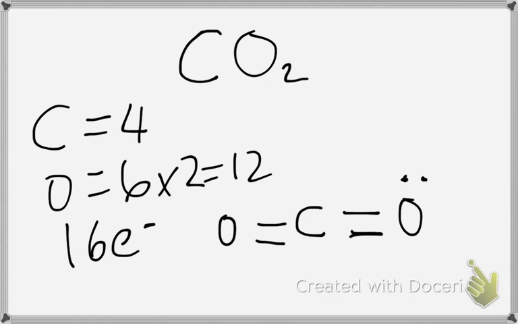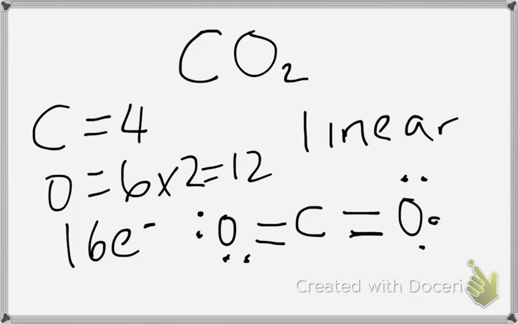So that's 10 12, 2 4 6 8 10 12 14 16. Alright, so in this case, carbon dioxide does not have a lone pair of electrons, and the shape for carbon dioxide is actually linear because it doesn't have those lone pairs of electrons on the carbon, so there's no distortion, there's no repulsion that takes place, so we get a linear shape.